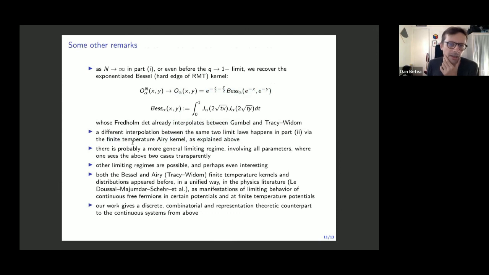And there are many other limiting regimes, even interesting ones that one can do. And all of these are discrete combinatorial models that correspond to continuous systems that people have studied in theoretical physics. Ledusal, Majumdar, and Sher come to mind, and collaborators.